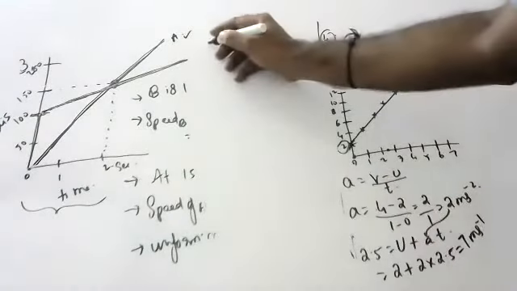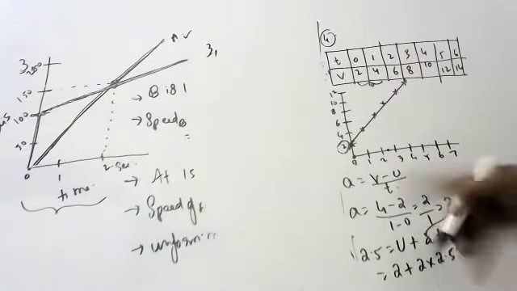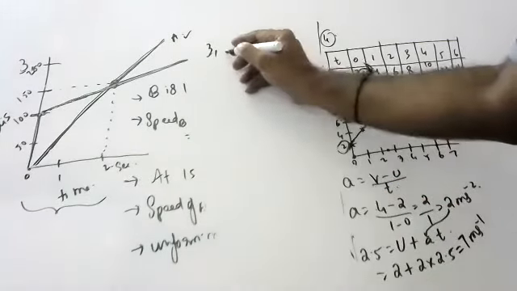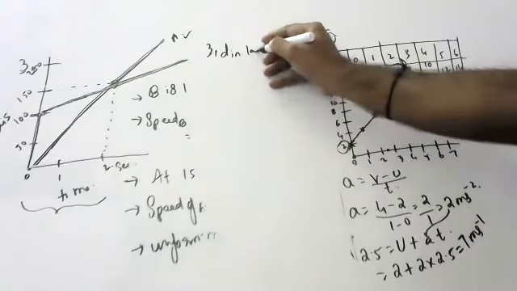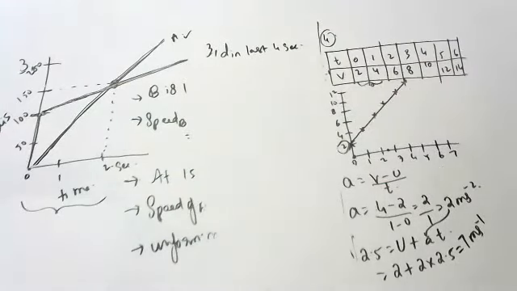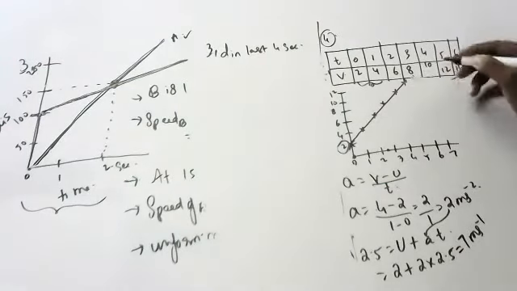See here, next sum, in this only, next question. Calculate the acceleration; acceleration we found out. Calculate distance covered in last 4 seconds. Children, what is the distance in last 4 seconds?